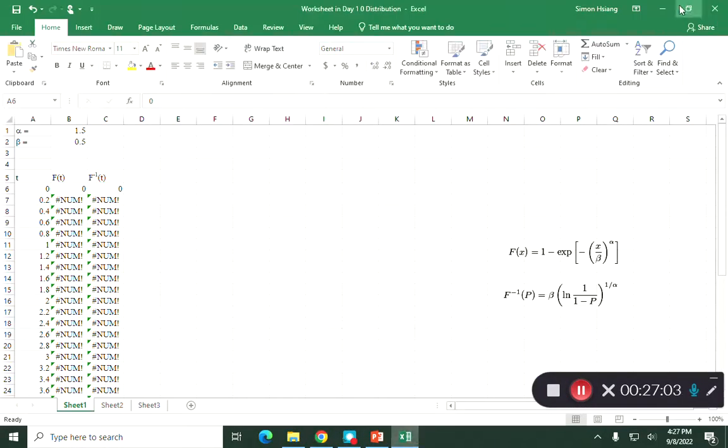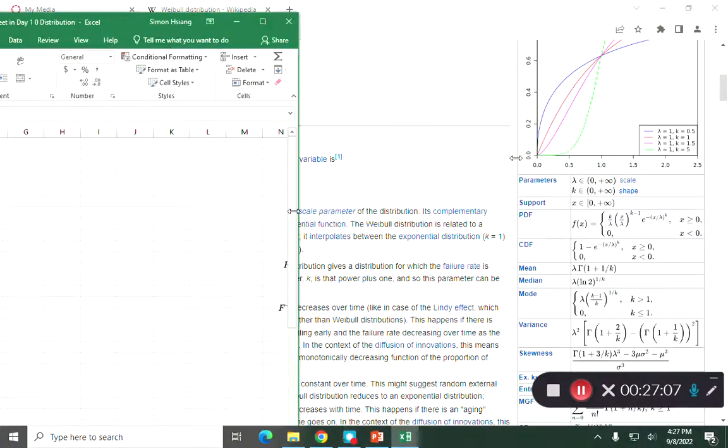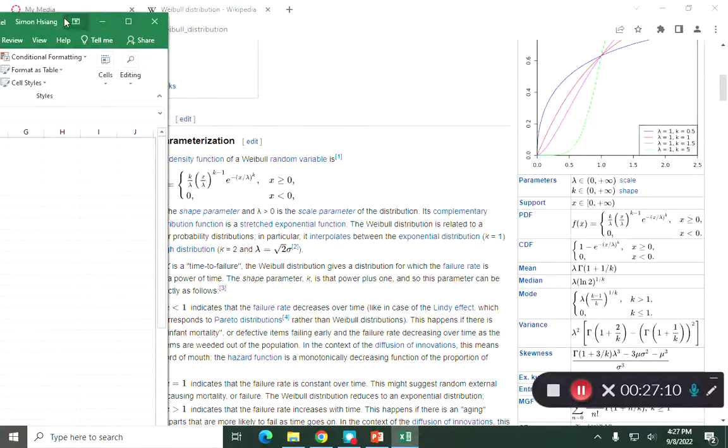Let's redo this. This time I'm using his value and his notation.